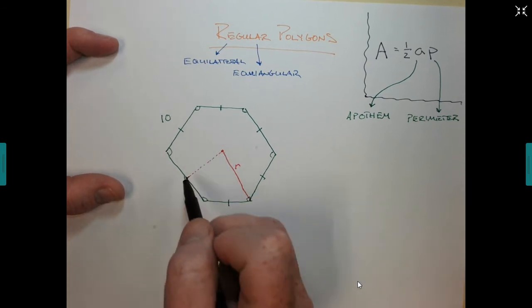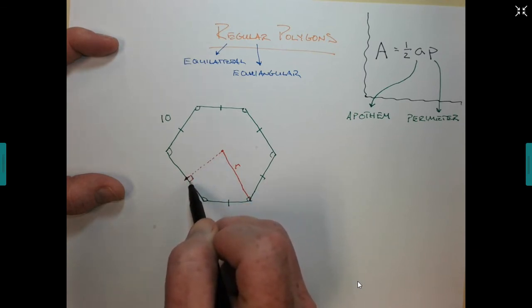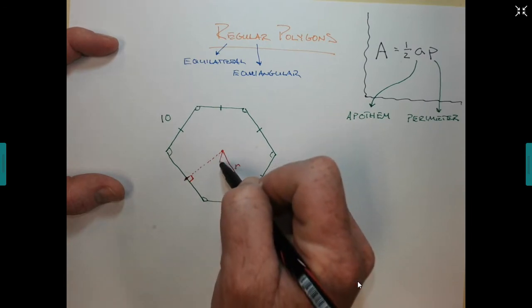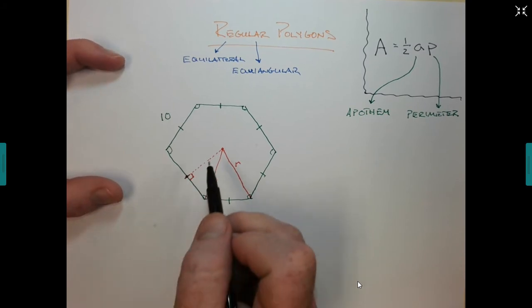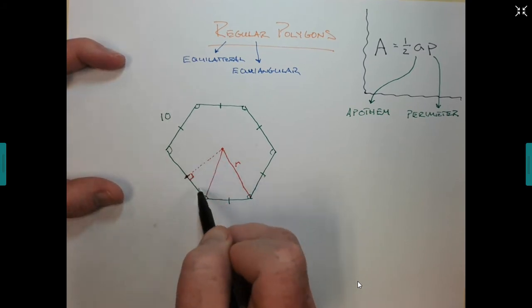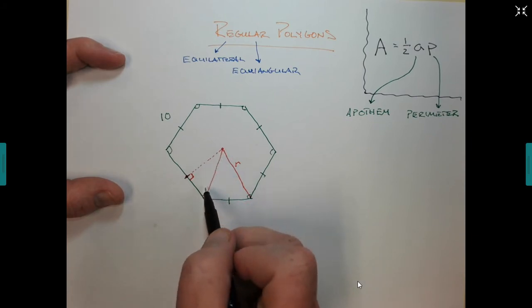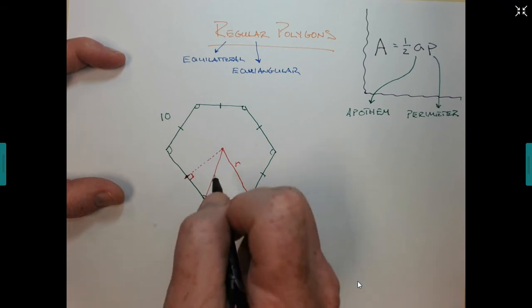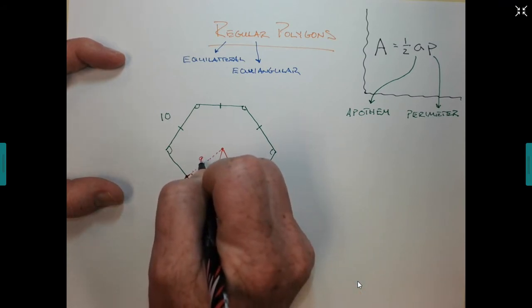Hopefully you realize it's got to be shorter than a radius. If I go to the center of the side, it's going to make a perpendicular intersection. That's got to be shorter because I could draw another radius here to that vertex. That makes a right triangle. Well, if it's a right triangle, then this radius is the hypotenuse, which makes it longer than this dotted line. So these are all radii, and this is an apothem.